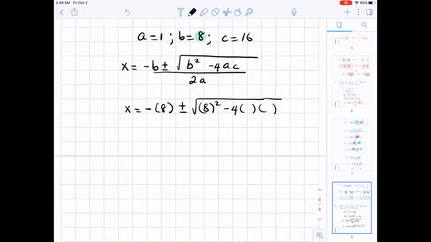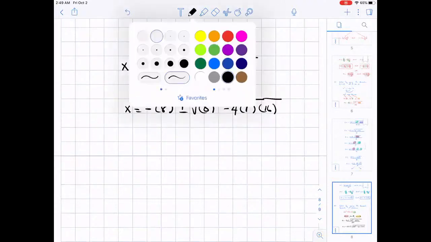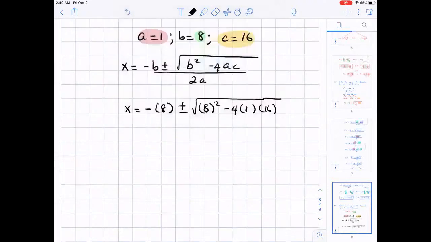So a we know here is 1 and c we know is 16. So I'll write a as 1, c as 16, everything over 2 times a, which is 1.